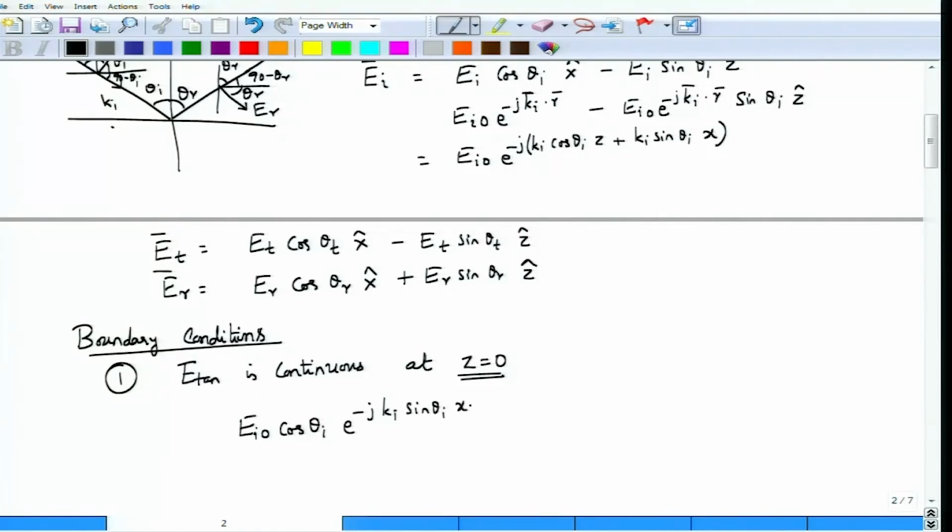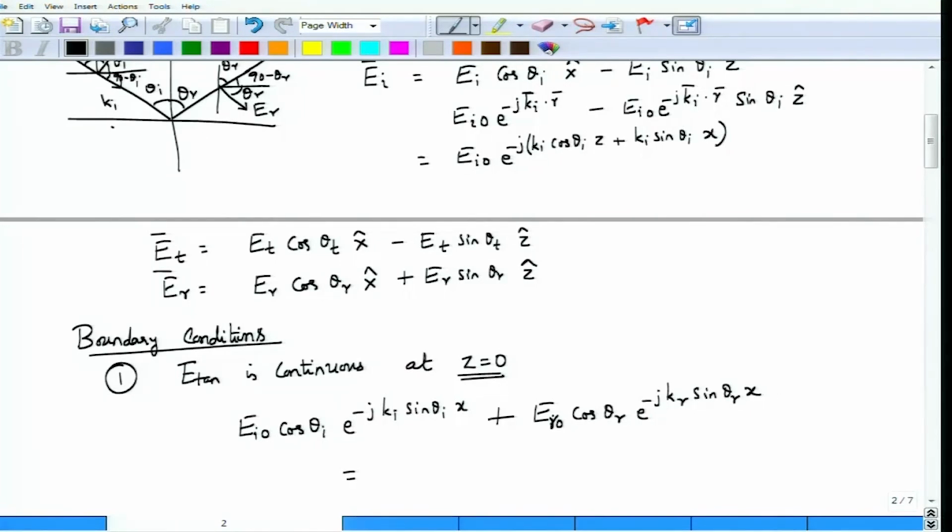Z is 0 and the corresponding component here is Er0 cos theta r, and e to the power minus j kr sin theta r x. Sorry, this is not Ei0, this is Er0, and this is cos theta r, which is correct. This is kr sin theta r into x.